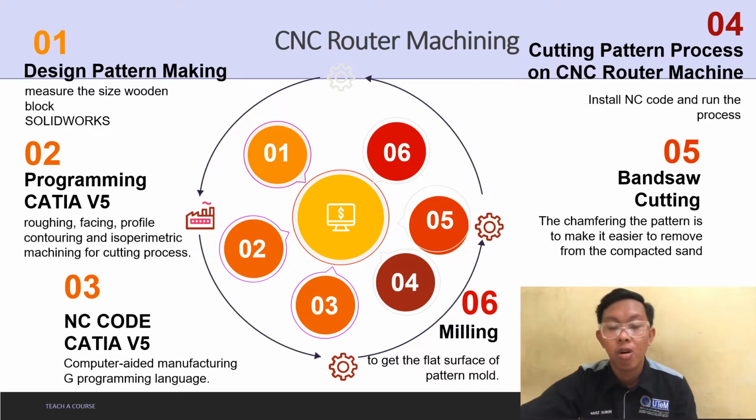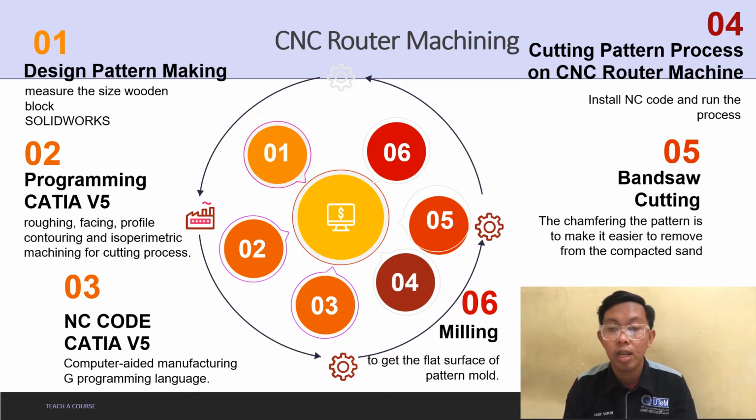Okay, for the design pattern of the casting, the pattern is not as straightforward as the definition implies. Before starting the product design, we measure the size of the wooden block first. The size of the wooden block is 105 mm high, 201 mm for the length, and 157 mm for the width.